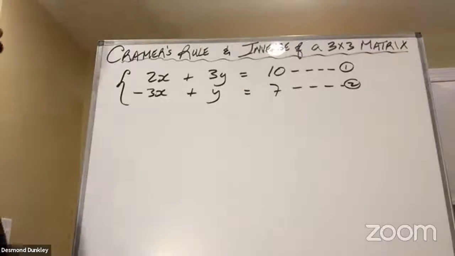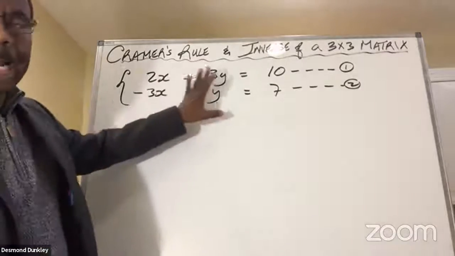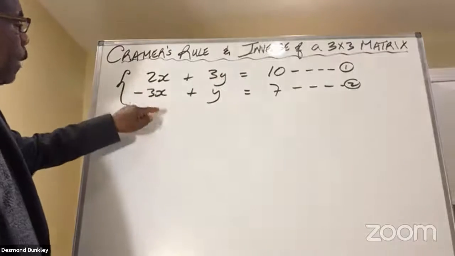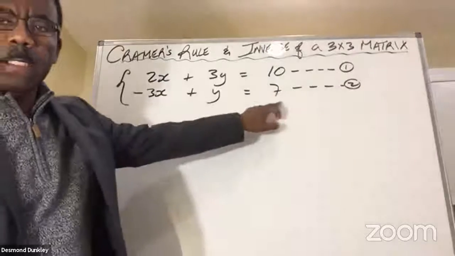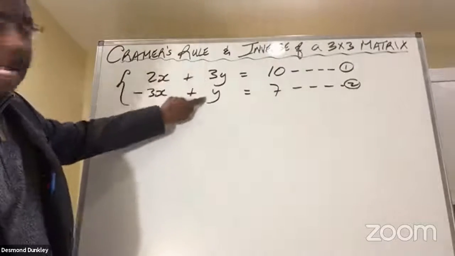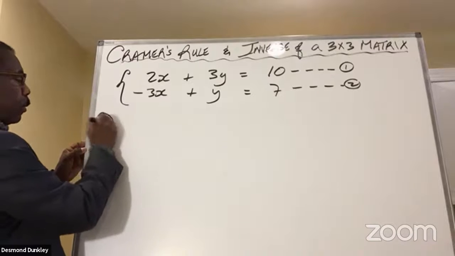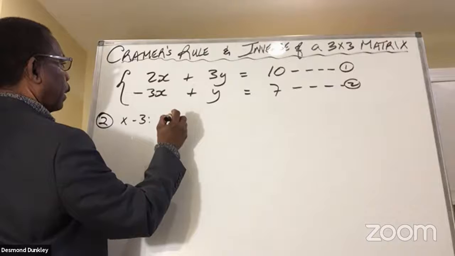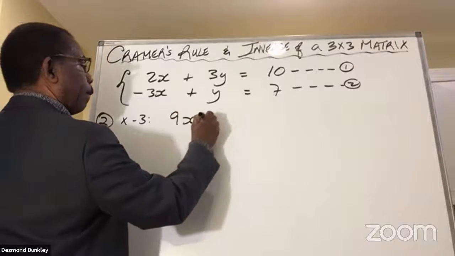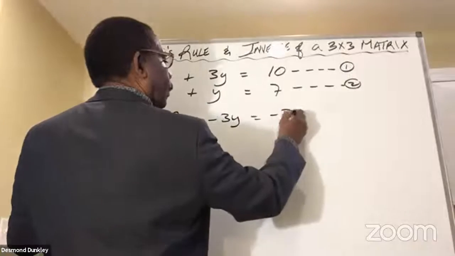In order to solve these two equations, I realize that I can't just combine as is. So I'm going to multiply this equation by negative 3, so I can add a 3y and a negative 3y. So here we go. Equation 2 multiplied by negative 3 gives me 9x minus 3y equals negative 21.